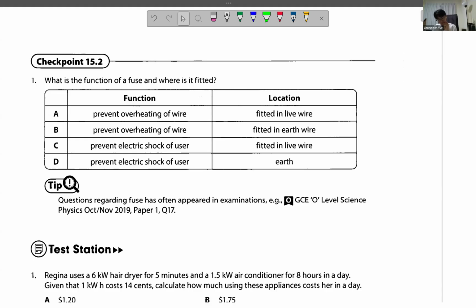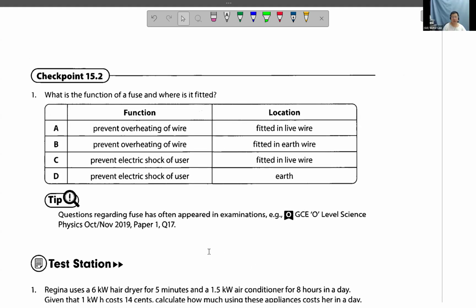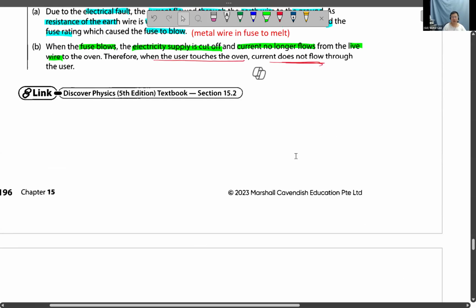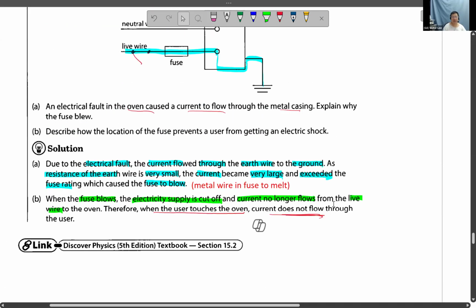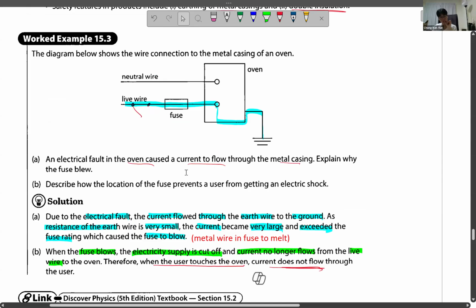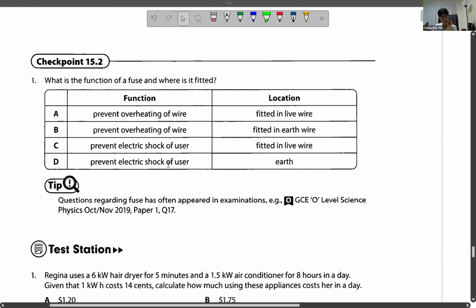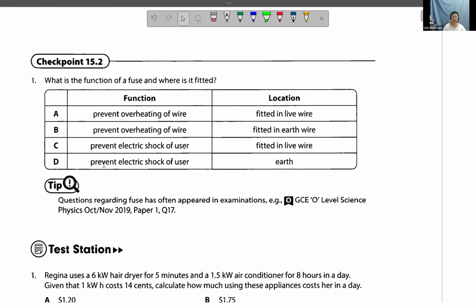C. Okay. So down here, let's see. You're saying the answer is C, is it? Okay, so what happens is this. Where will a person get shocked? When there is current leakage, right? So when the person gets shocked, will the current go very high? No, it will not, right? Then the fuse cannot melt.